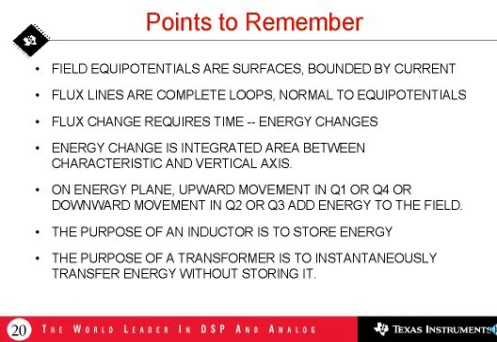And on the energy plane, as we move upwards, and if we're over on the right-hand side in quadrant 1 or quadrant 4, this means we're putting energy into the field. And then likewise, when we go to the other side of the vertical axis in quadrants 2 or 3, downward movement is indicative of putting energy into the field.